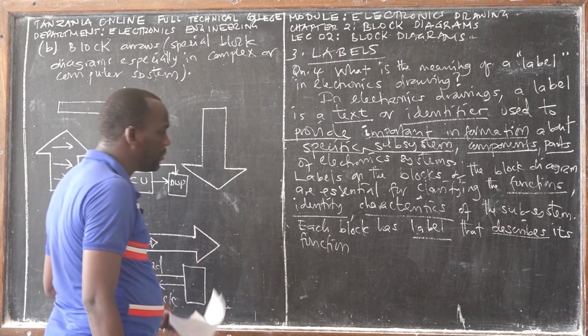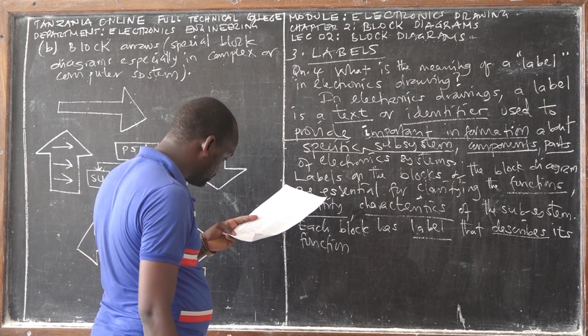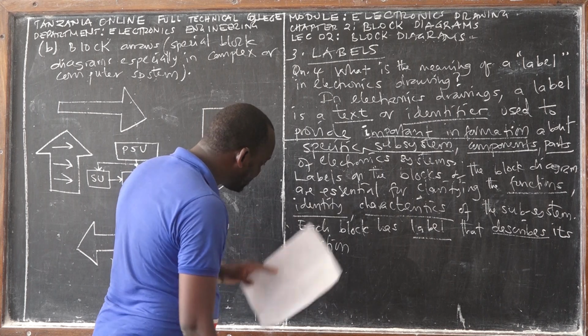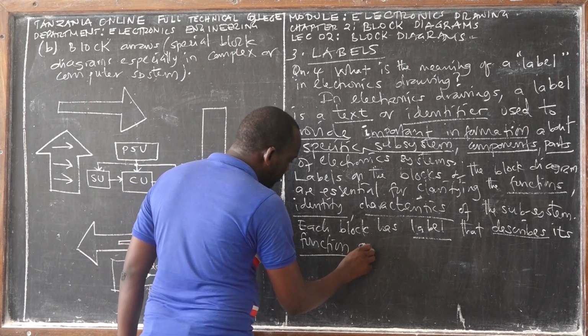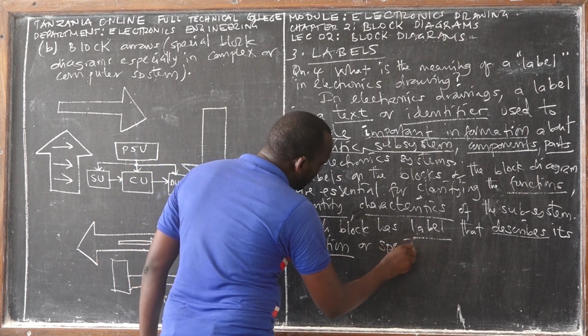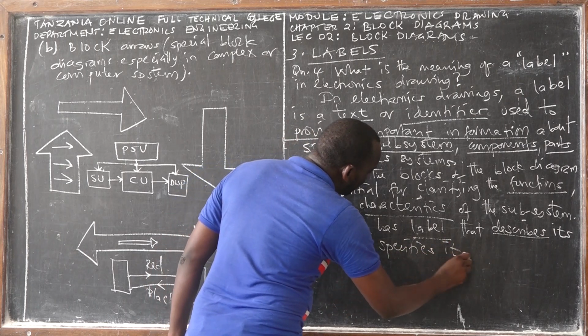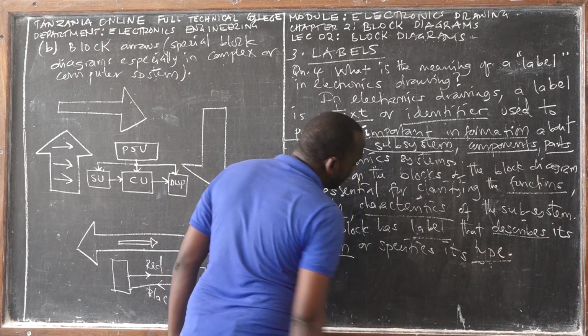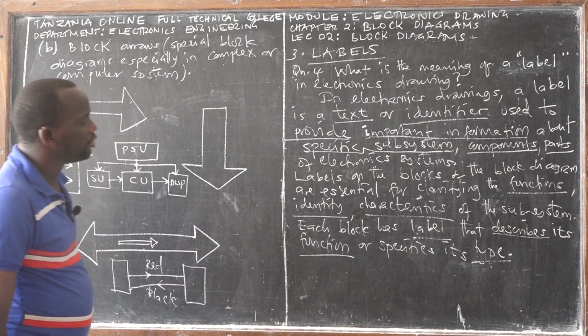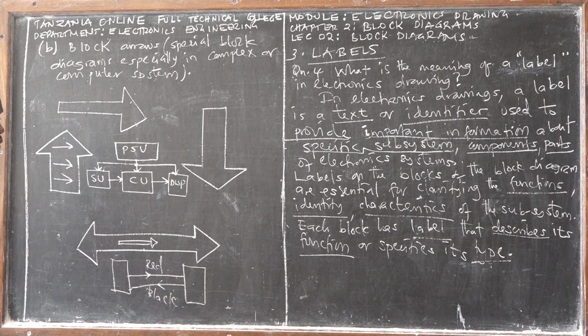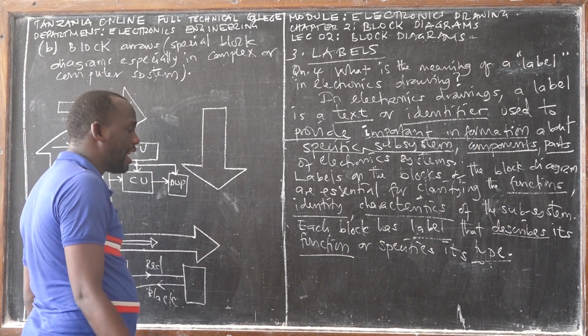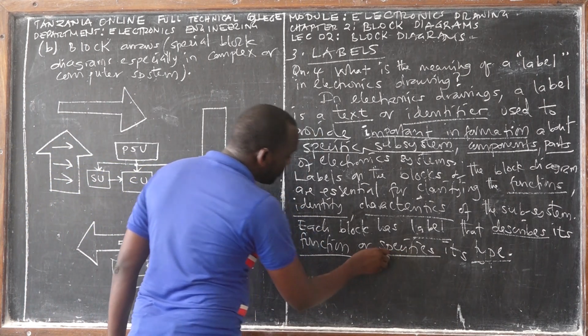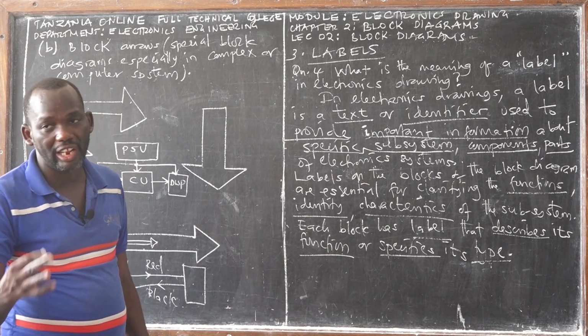Each block has a label that describes its function, or specifies its type. So you say that each block has a label, and the function of this label is to describe its function or specify its type. What is the type of that block?